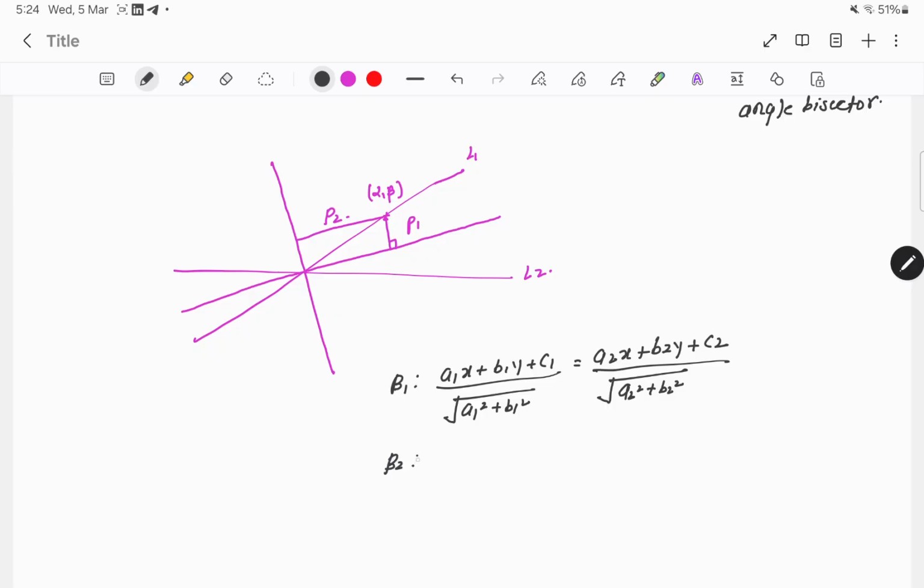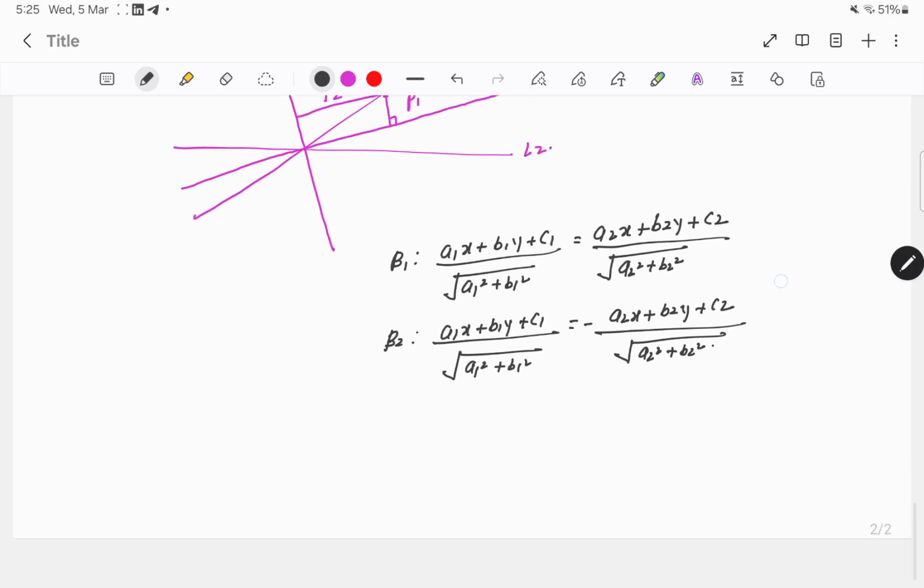Now what is beta 2? (a1x plus b1y plus c1) by square root of a1 square plus b1 square equals minus (a2x plus b2y plus c2) by square root of a2 square plus b2 square.